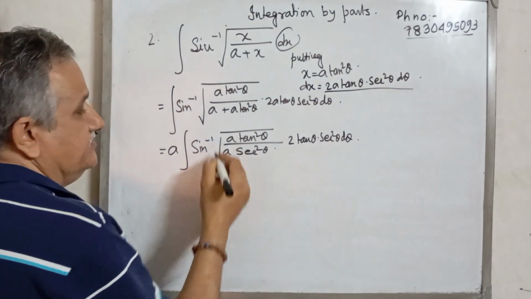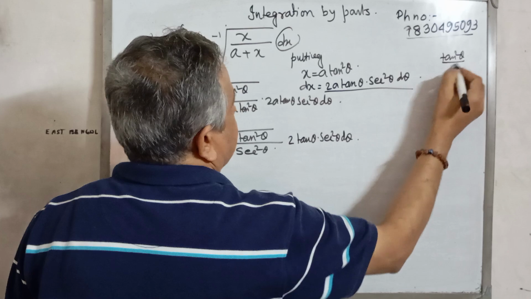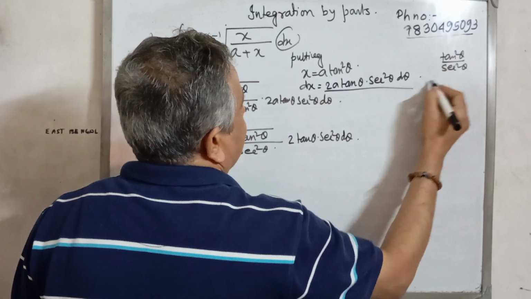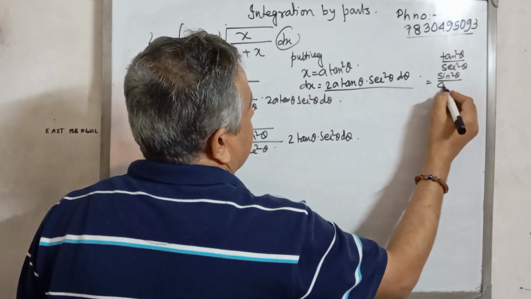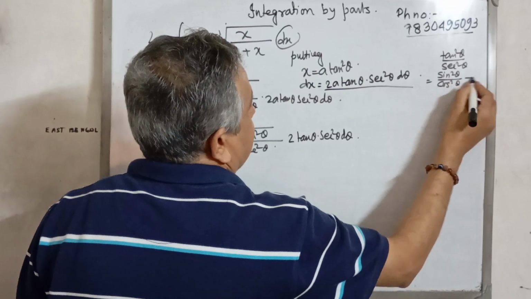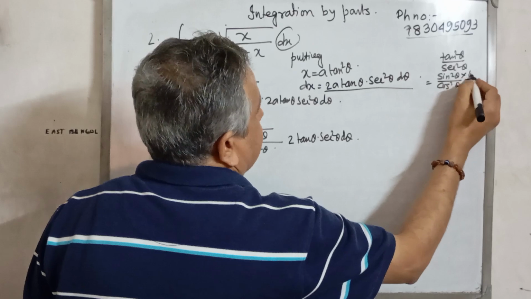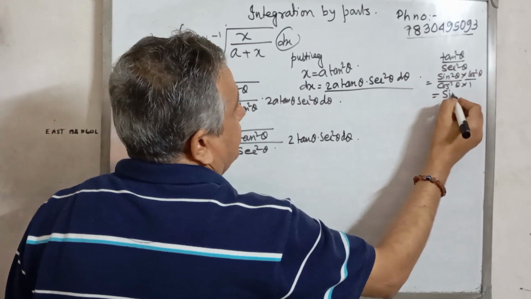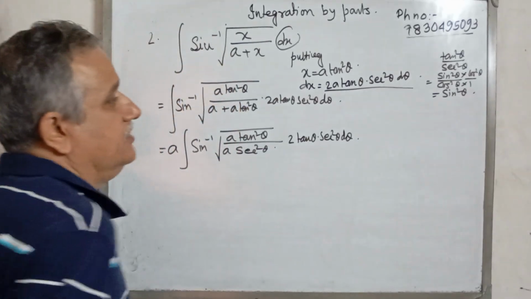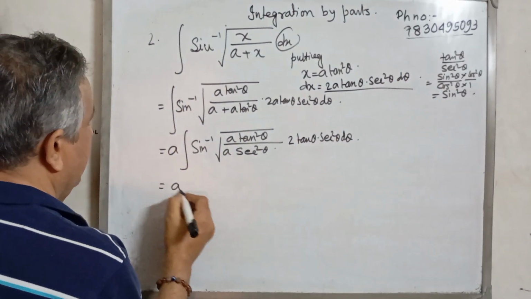Now a cancels, tan square theta by sec square theta. Tan square theta is sin square theta by cos square theta, and sec square theta is 1 by cos square theta, so cos square theta cancels, and it becomes sin square theta. So tan square theta by sec square theta is sin square theta.